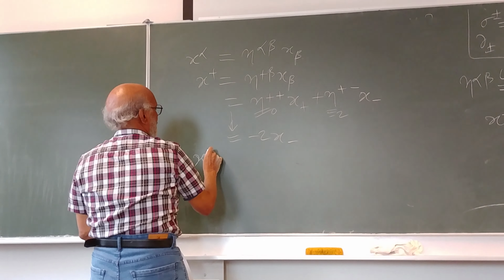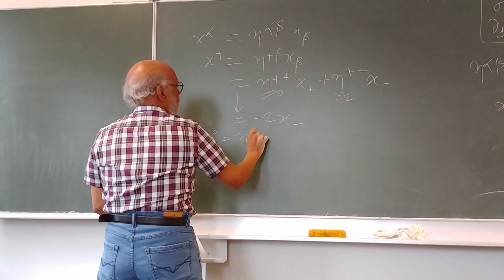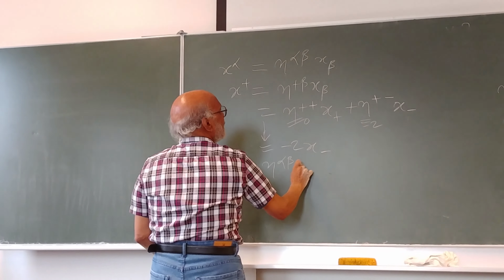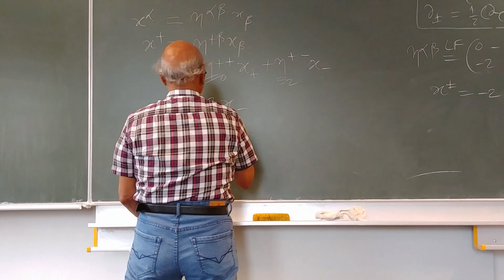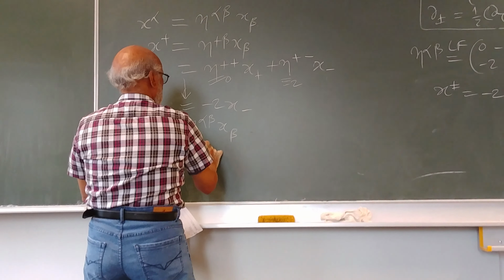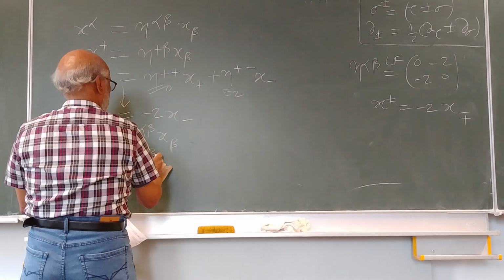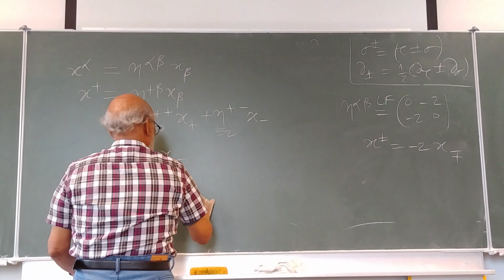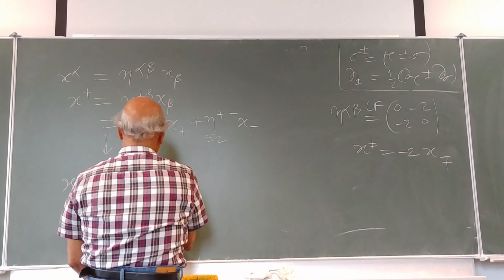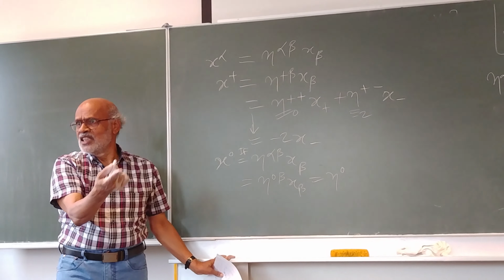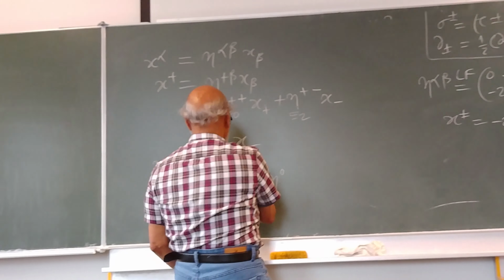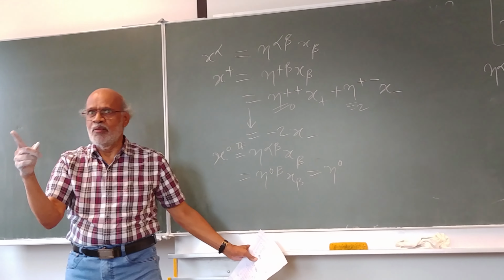So x with index 0, eta alpha beta x beta, what will happen here? In the instant form, if I write 0, then I am writing in the instant form. Beta will take two values, 0 and 1.